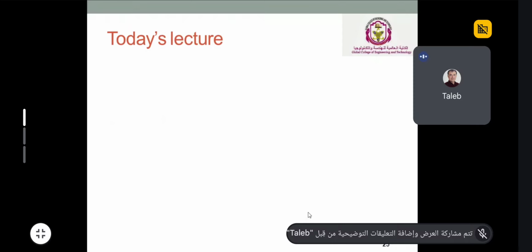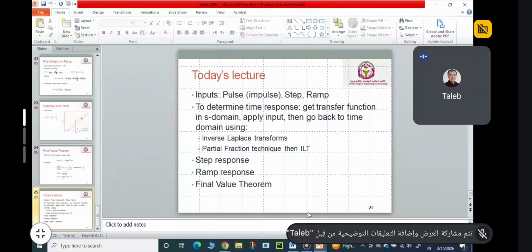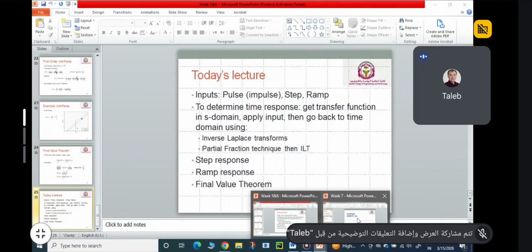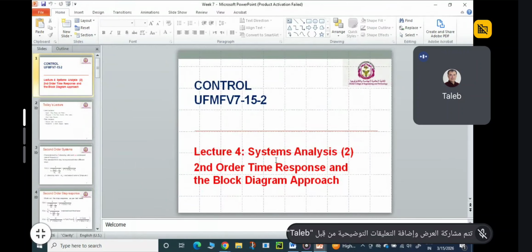Okay, so today, as I mentioned, we have two parts, step first order and the second order. So first order finish. Now I move to second order system. See what's going on with second order system in the output.